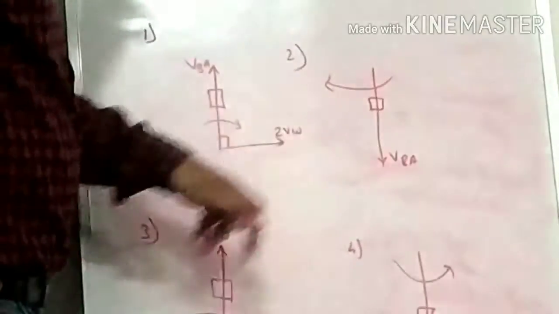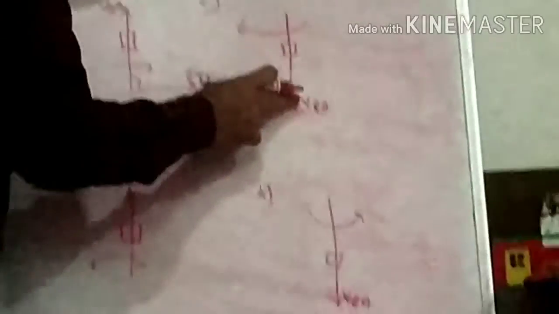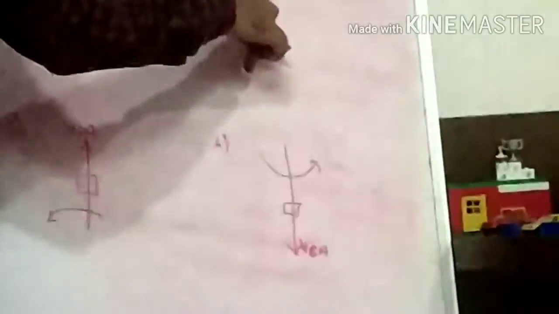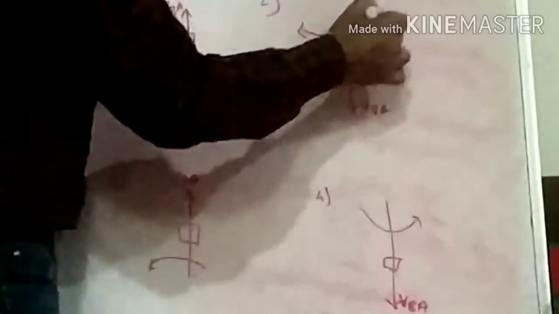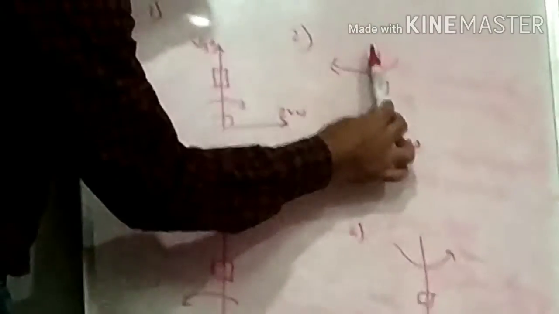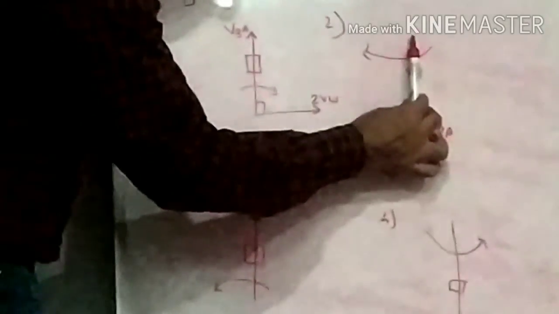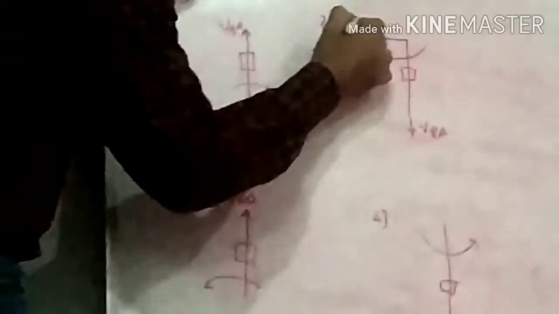Now what happens in the second case? The velocity of slider B with respect to A is radially inward, or radially downward, and link OP rotates in the clockwise sense. So we rotate this velocity vector V through 90 degrees in the clockwise sense. This is the direction of the Coriolis component of acceleration.